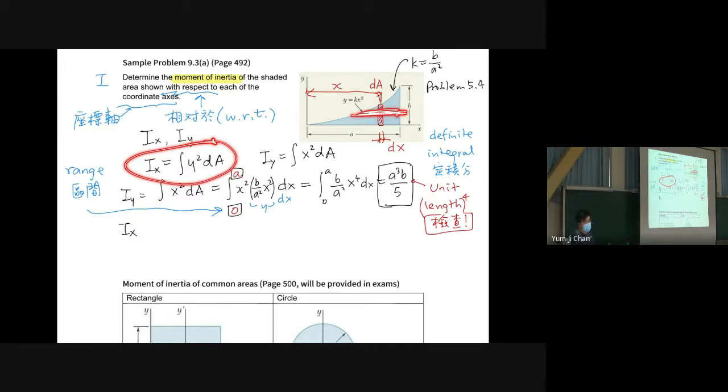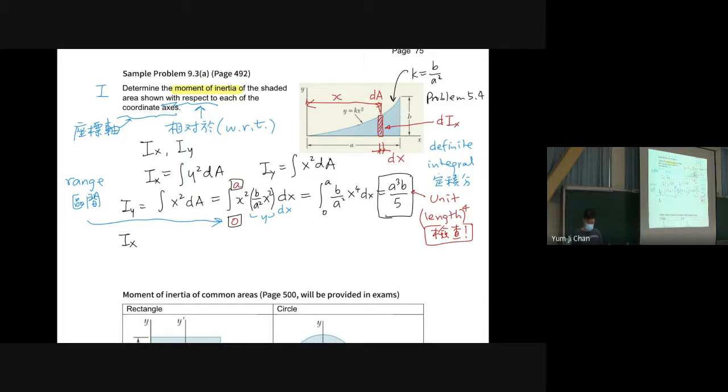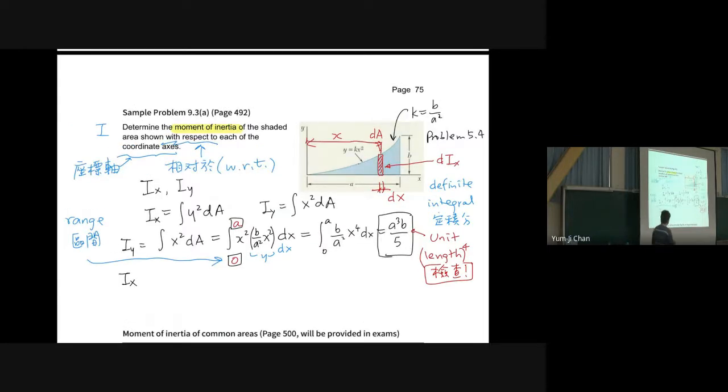What we do is we consider the moment of inertia of this slice, dIx. Then we add the dIx from this slice, and then we calculate the dIx from this slice and this slice and so on, and then we add all of them together.